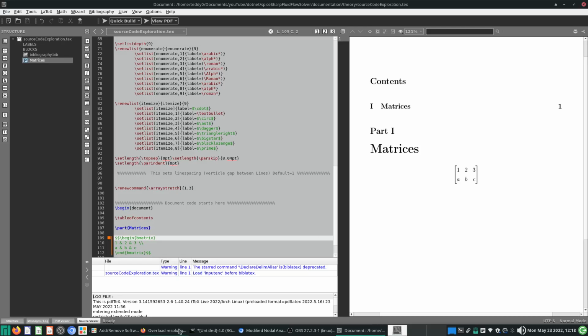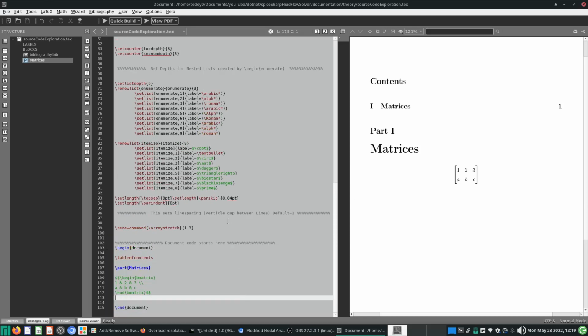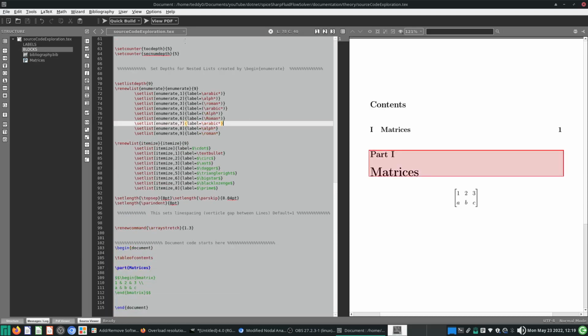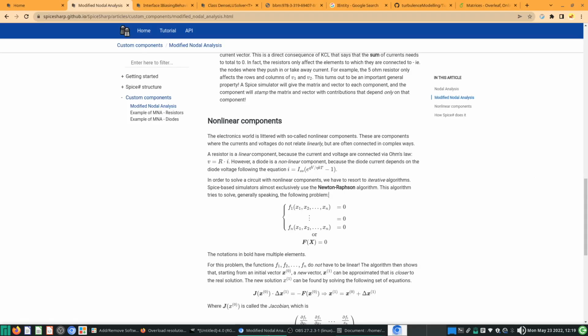So the subject for next time will be to start talking about matrices and all that. I want to go through what this Newton-Raphson algorithm is and how it works.